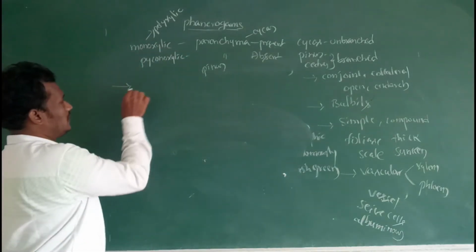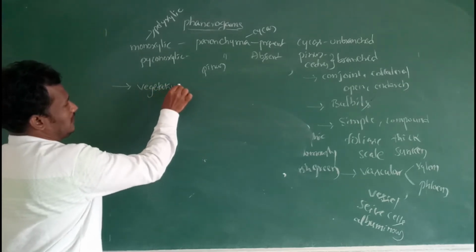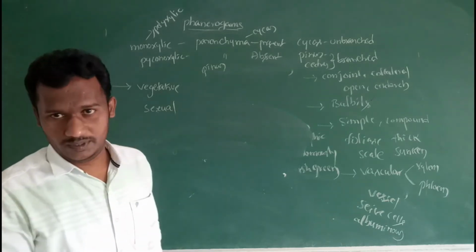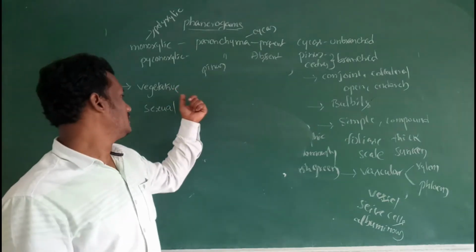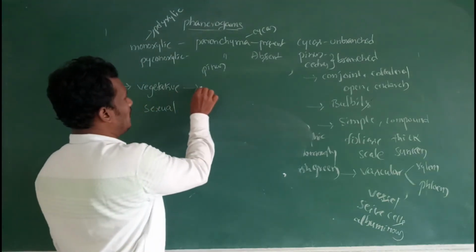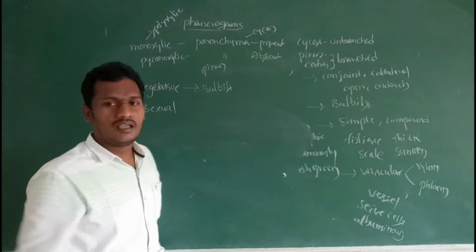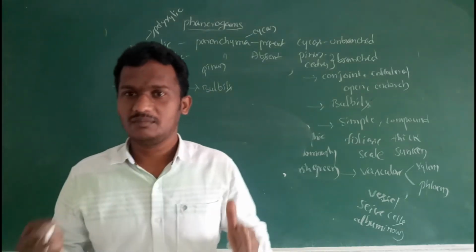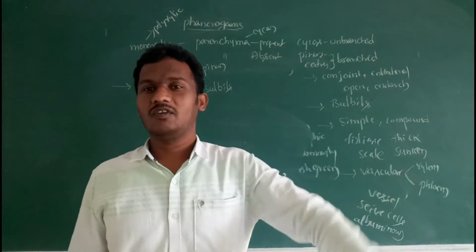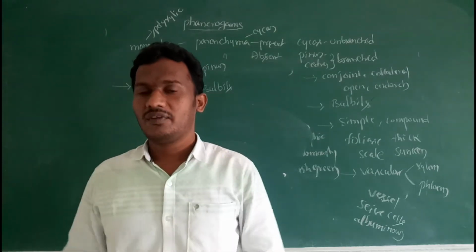Gymnosperms reproduce by vegetative and sexual reproduction. Vegetatively, by bulbils. Sexual reproduction is oogamous type, that means formation and development of sex organs, male and female.